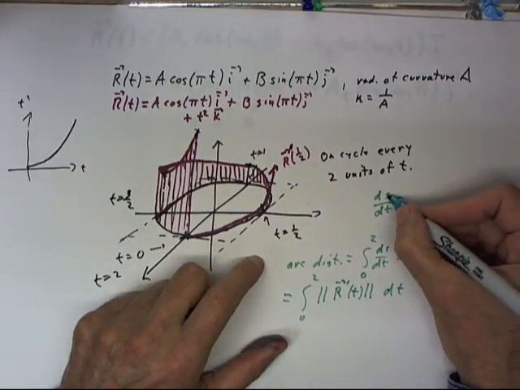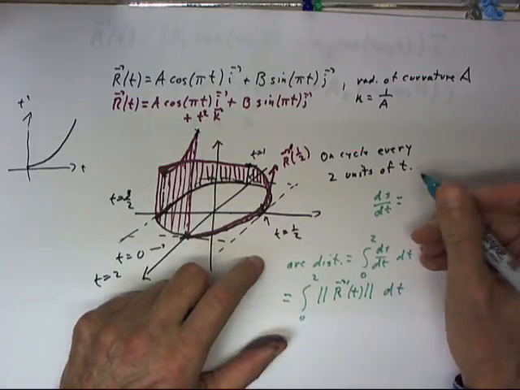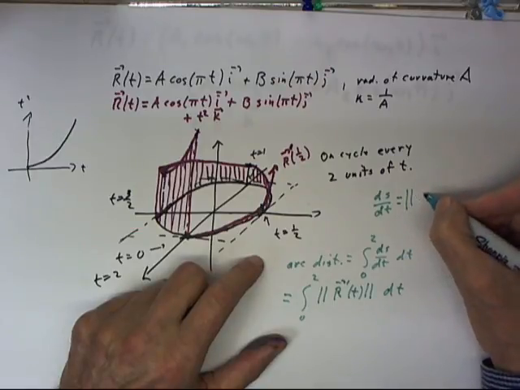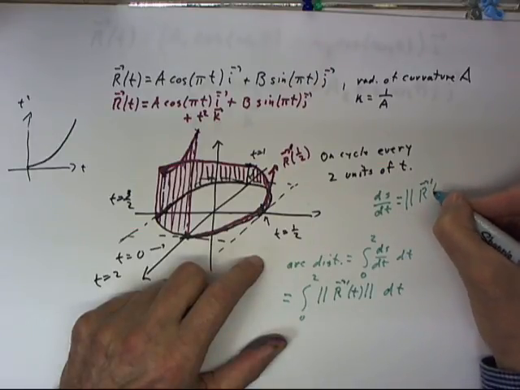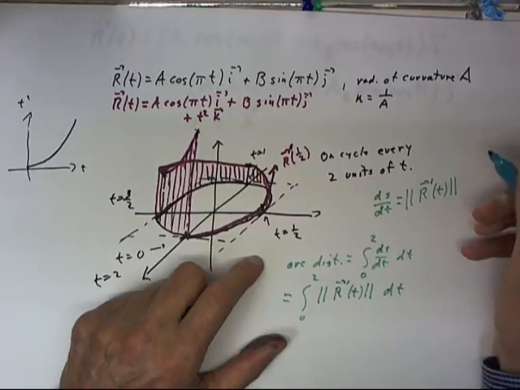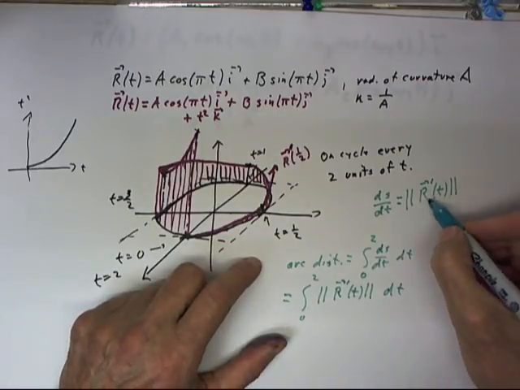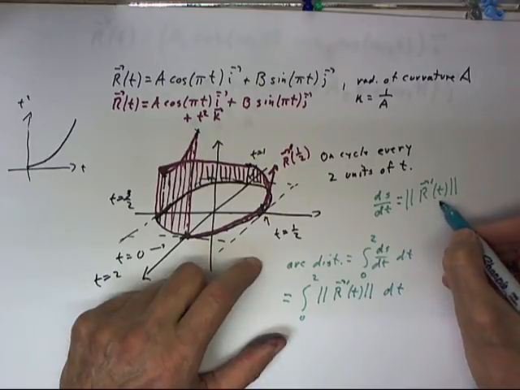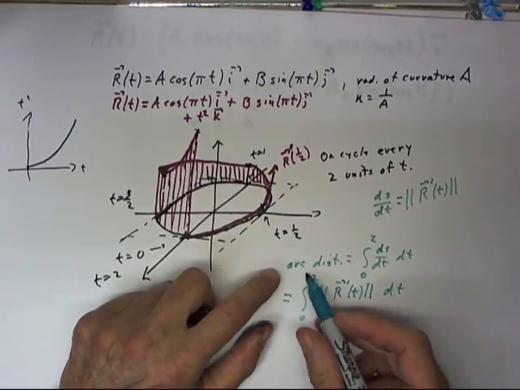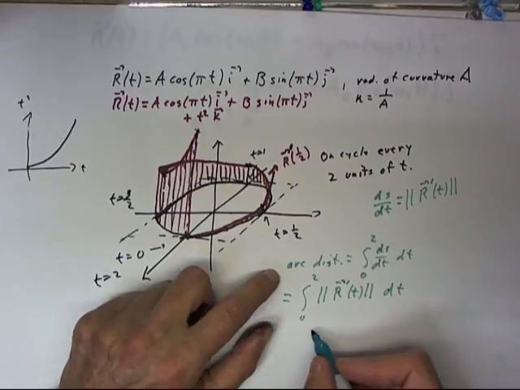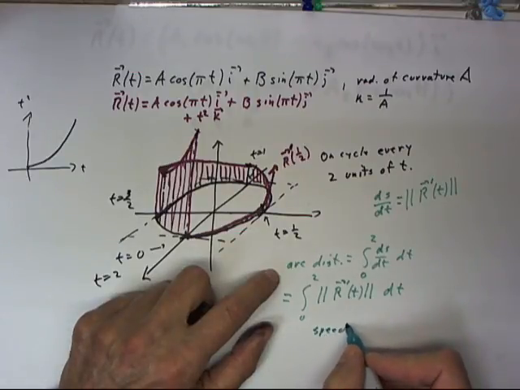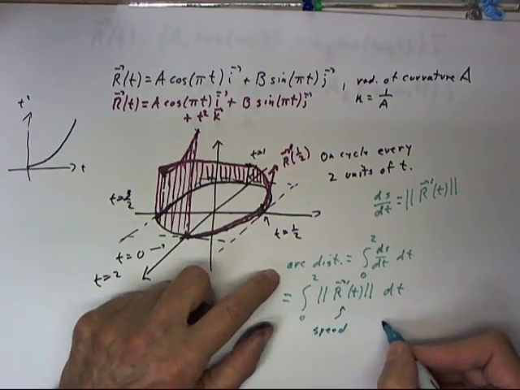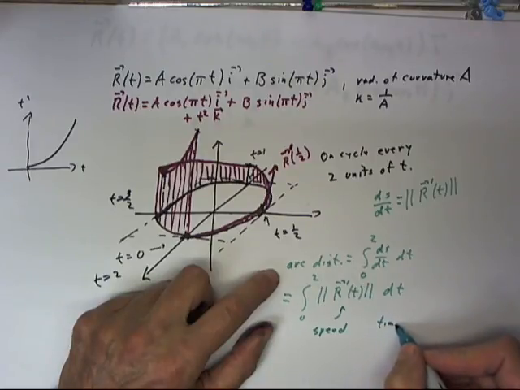That is, our ds/dt, the rate at which we're covering distance, is the magnitude of the r prime of t vector. And r prime of t is just our velocity, so the magnitude of r prime of t is our speed. This integral is just an integral of speed with respect to time.